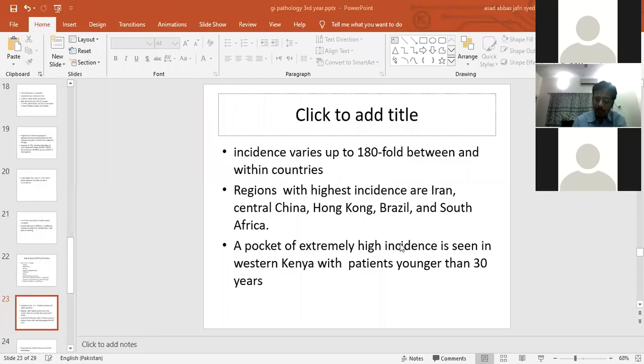Pockets of extremely high incidence are also seen in Western Kenya, with patients younger than 30 years. That is because they take a special kind of hot, fermented drink that has toxins which predispose you to develop squamous cell carcinoma. Okay.